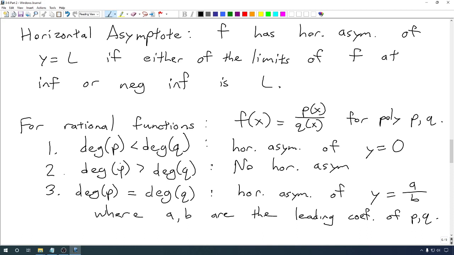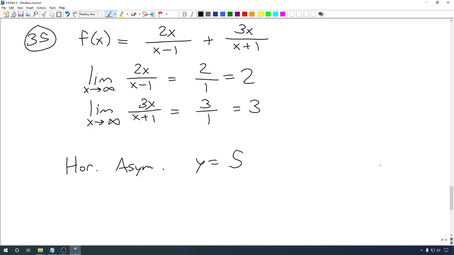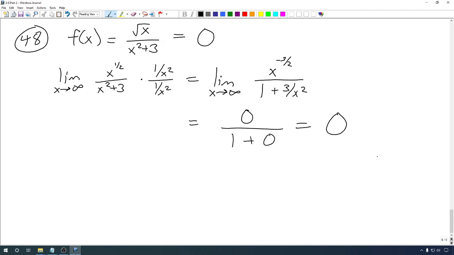This is basically saying that our power on the bottom is bigger than the power on the top, which means that we end up having that horizontal asymptote of 0. Of course, in this particular case, it's only on one side. It's only on the positive side. But it really just comes down to that. We're still only really comparing what are the powers that we're dealing with.